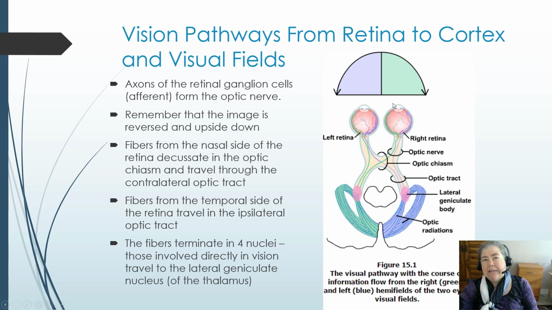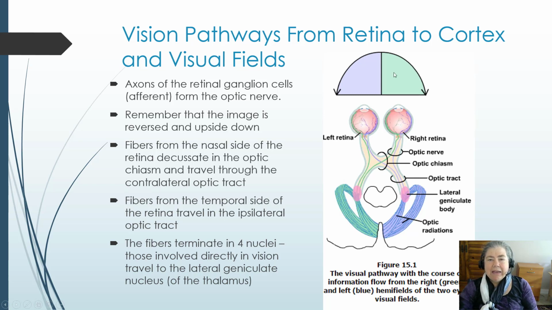And again, lasers can be used to kind of seal up these little aneurysms, seal up leaking blood vessels, but they also damage the surrounding neural tissue, but they can prevent further damage and blindness.